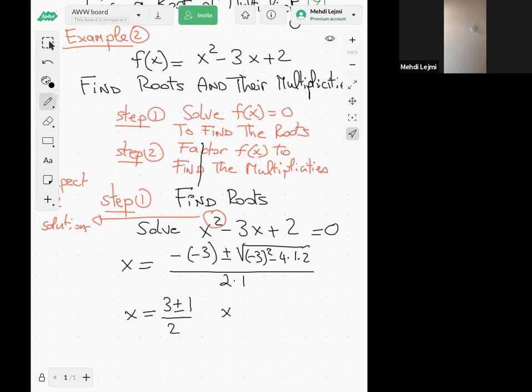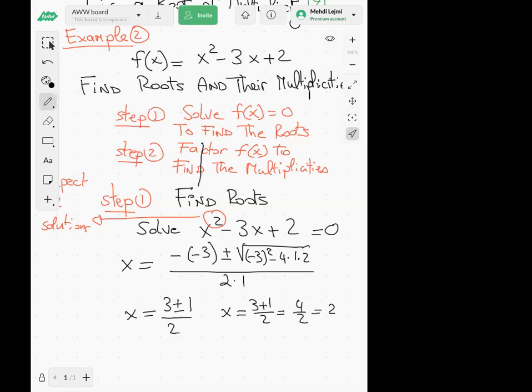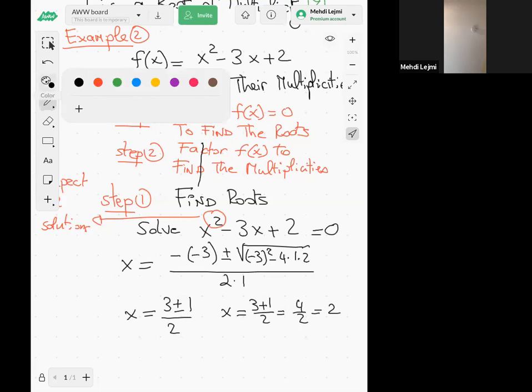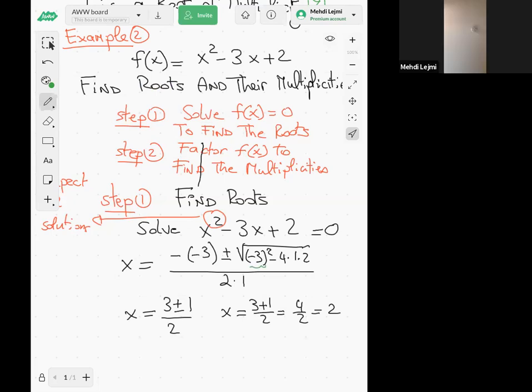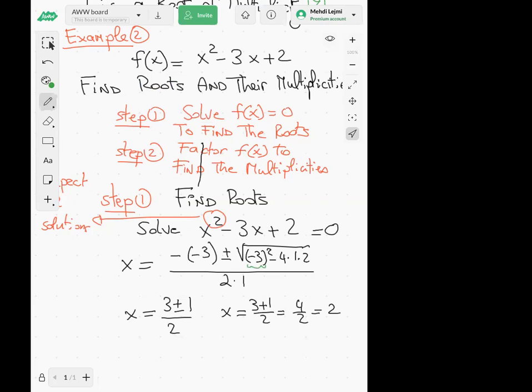So if it's plus, that would be 4 over 2. That would be 2. Wait, excuse me. Yes. How did you get 3 plus minus 1? Yeah, because when I did the math with negative 3, I got 10. I didn't get 1. Square root of 10. Well, negative 3 squared is 9.